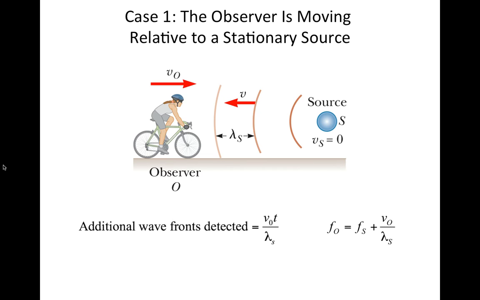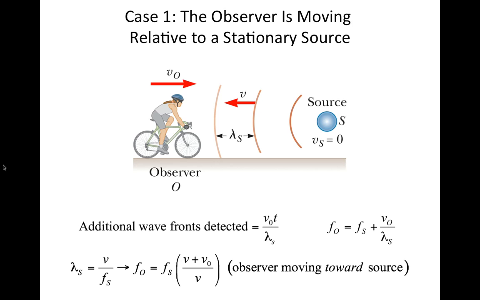The frequency heard by the observer increases. So this bottom formula says that the frequency of the observer is equal to the frequency of the source multiplied by the speed of the wave plus the speed of the observer, divided by the speed of the wave.